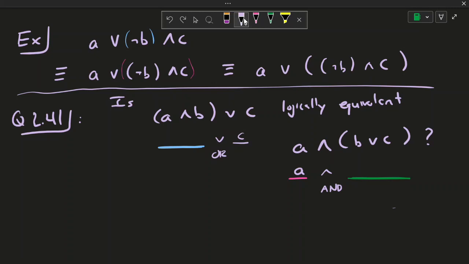So that's kind of the strategy. On the left-hand side, I'm going to say, well, let's set C to be true. Then blue can be anything, so A and B can be anything. In fact, let's make A and B false.